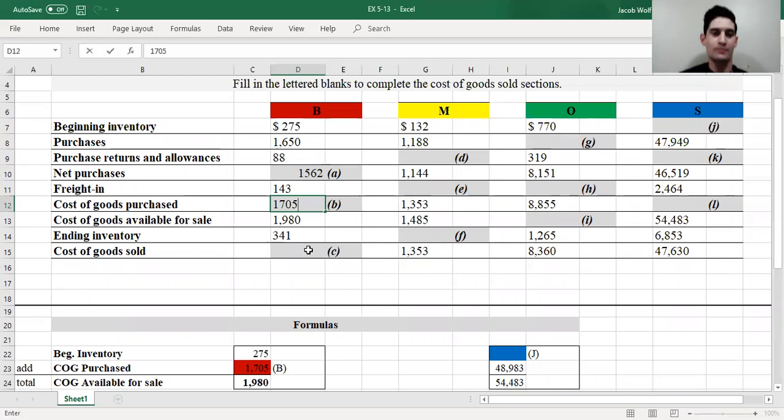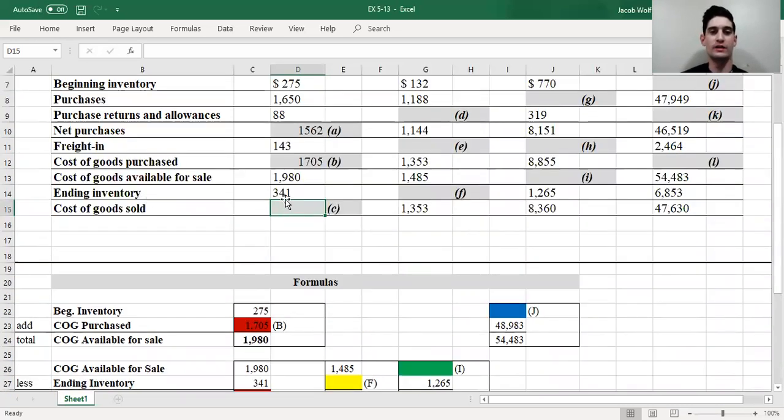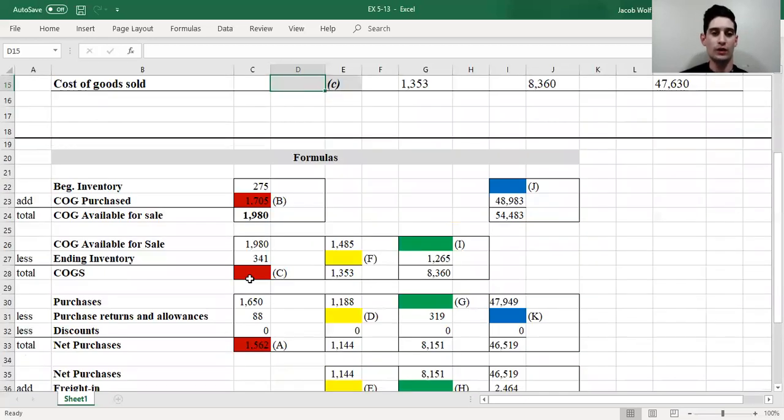For cost of goods sold, we're going to be taking our cost of goods available for sale, which is the same one from here, 1,980, and our ending inventory, which we were given, ending inventory of 341. Oh, actually, sorry, I'm getting my own formulas confused. We'll subtract that.